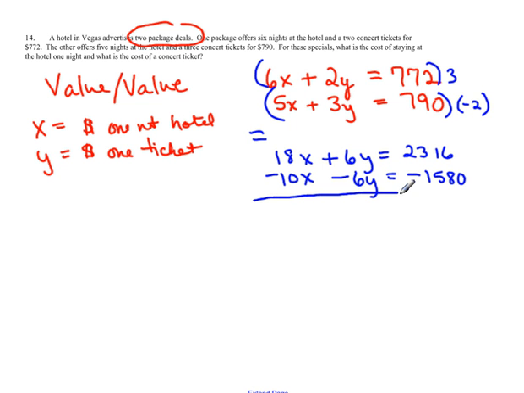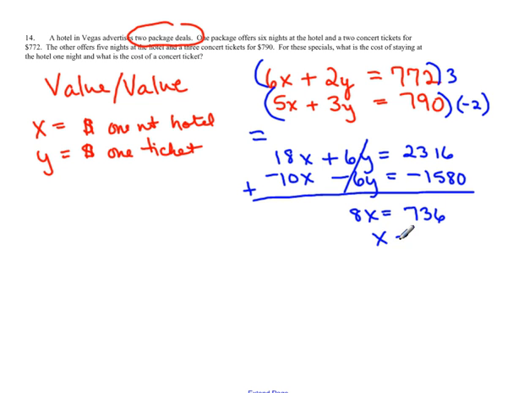Notice that after the multiplication step, at least one of the variables should eliminate, and here the y's do eliminate. So I want to collect my like terms here. 18x minus 10x is 8x, and 2,316 minus 1,580 is 736.